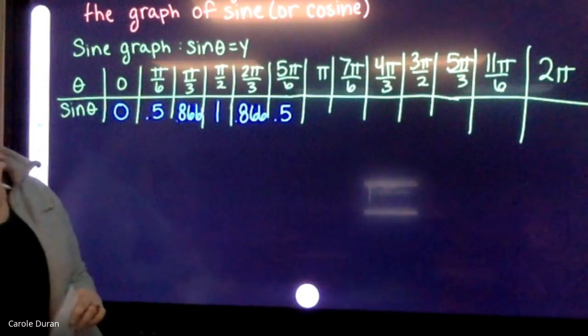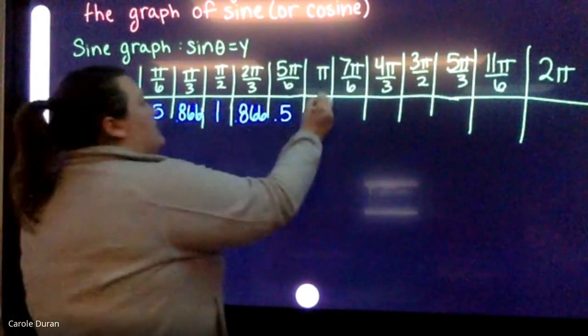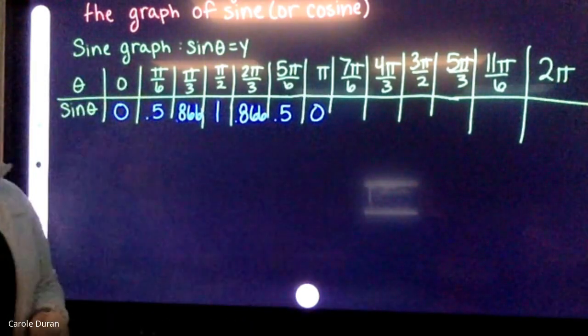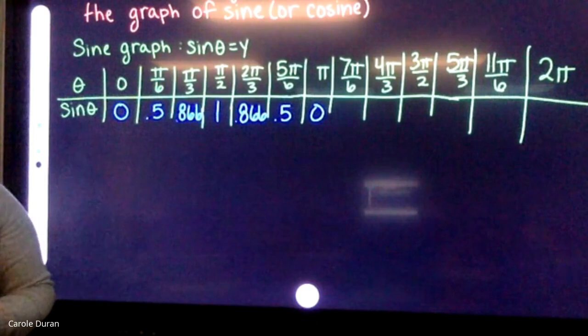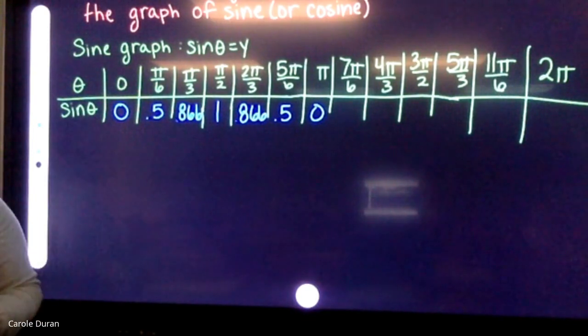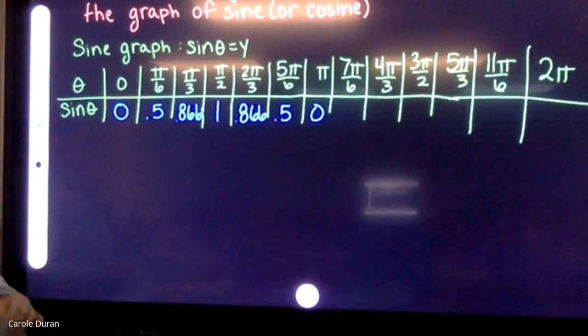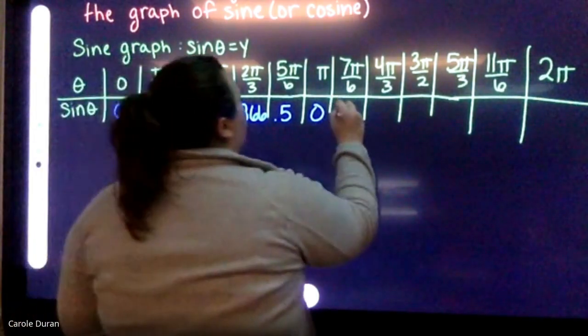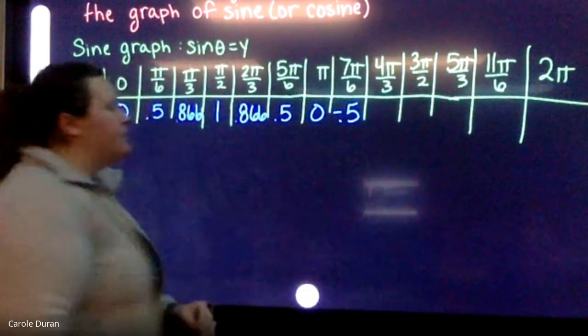Jerry, what's sine of pi going to be? 0. Steven, what's sine of 7 pi over 6 going to be? Negative 1/2. What about 4 pi over 3, Maddie?